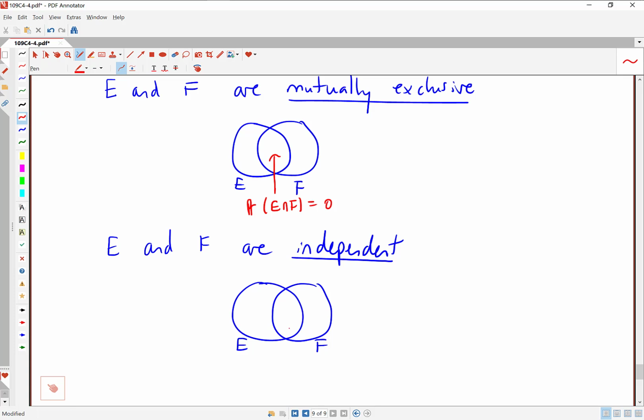So a good way to visualize that is to say the probability of E intersect F is the probability of E times the probability of F. So this is something like rolling a die 2 times, or flipping a coin 2 times, or 2 independent engines on a plane having a successful flight.